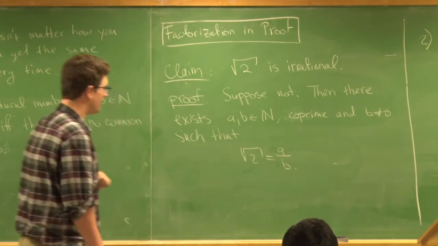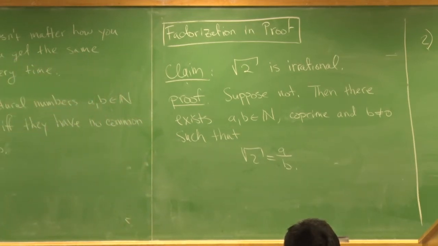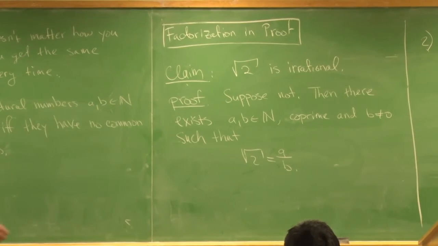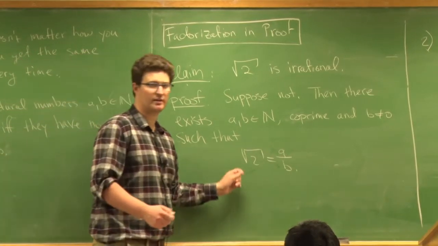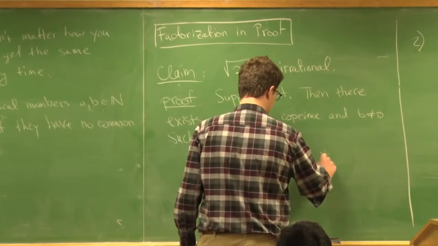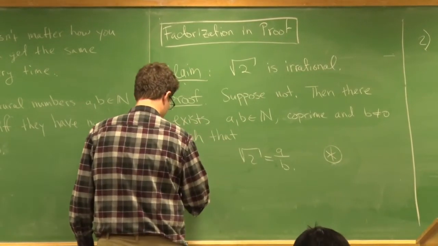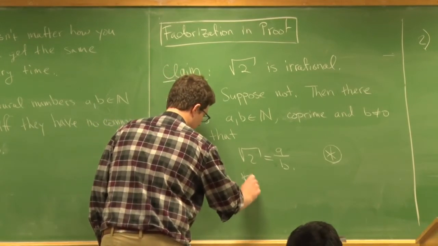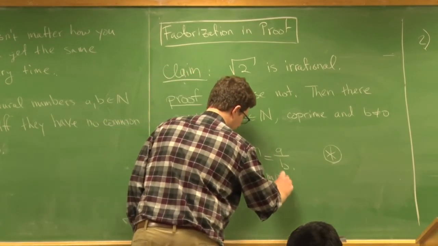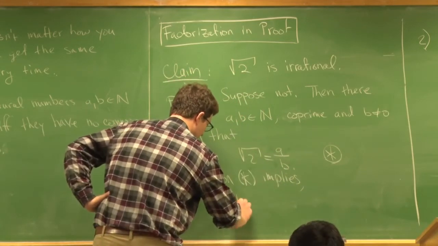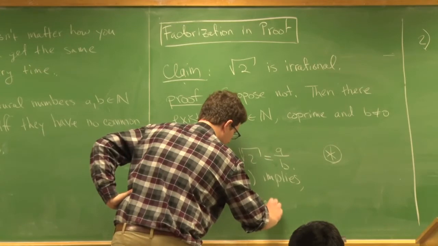Okay, so we have this, and now what should I do? Square both sides and bring it over to this side. So equation star implies the following, that 2b squared is equal to a squared.